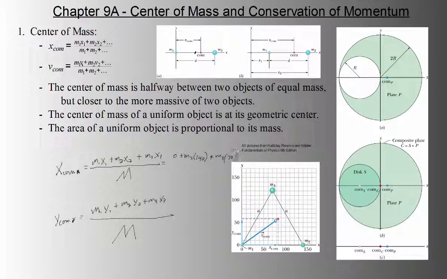So just the x value for that, of course, divided by all the m's. Whereas over here for y, you do m1 times 0, still at 0 y, plus m2. m2 is also at 0 because it's only on the x-axis, plus m3, and m3 is up 100, 110, 120. And then you divide that by the total mass.